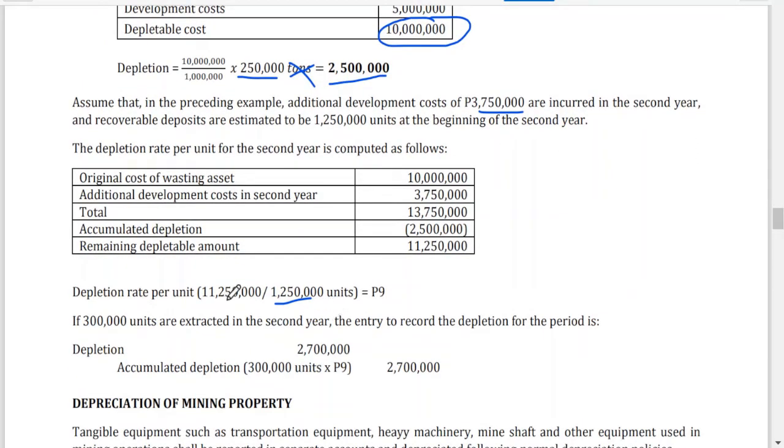So therefore, 11,250,000 divided by 1,250,000 units, that would be 9 pesos. So if there are 300,000 units extracted in the second year, so therefore our depletion is 300,000 units times 9. So that would be 2,700,000.